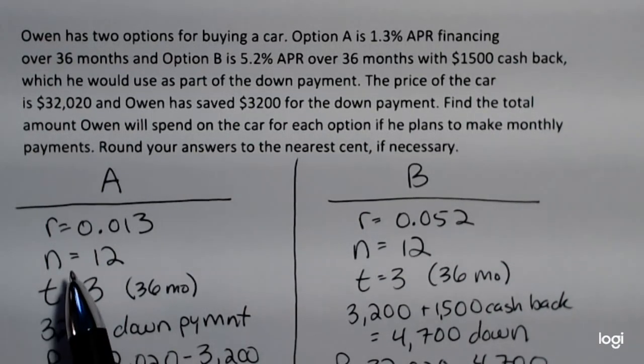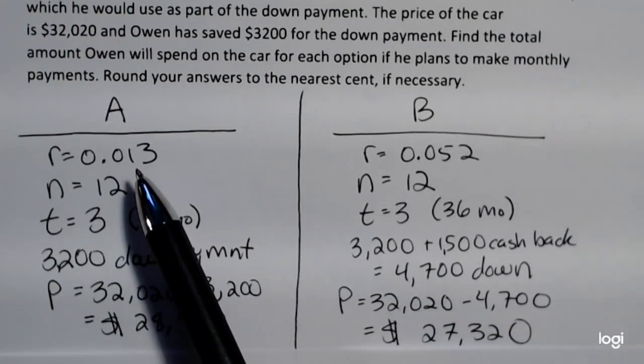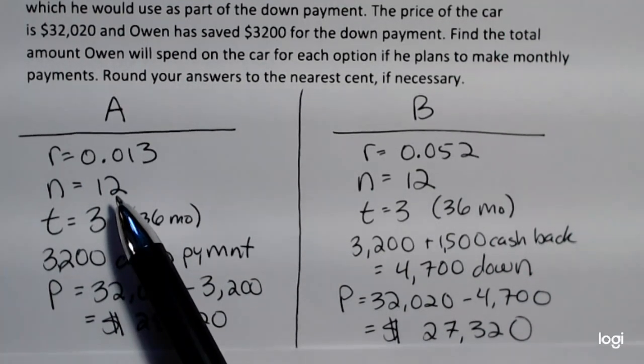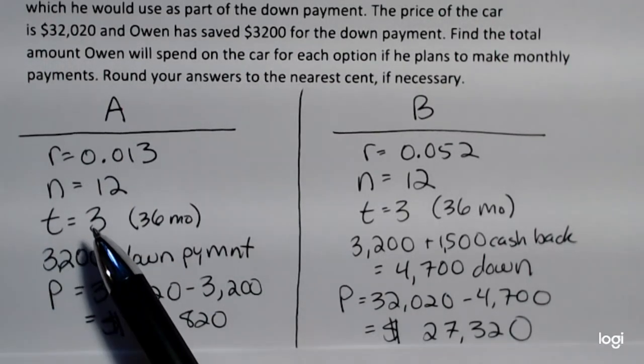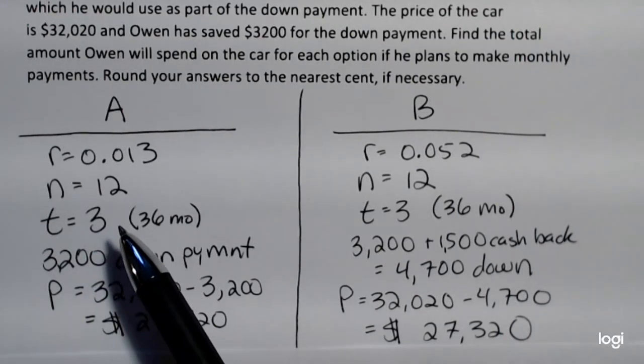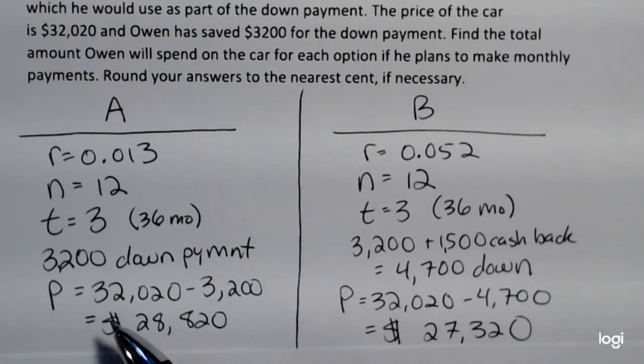For option A, the rate as a decimal is 0.013. He's making 12 payments a year. And what we need for time to input into the formula is years. So 36 months is 3 years. And we need to figure out how much he's actually going to borrow.